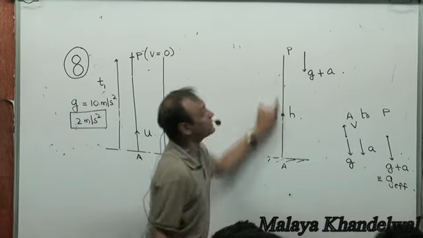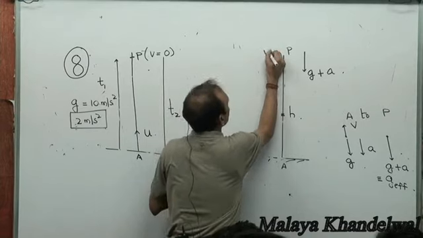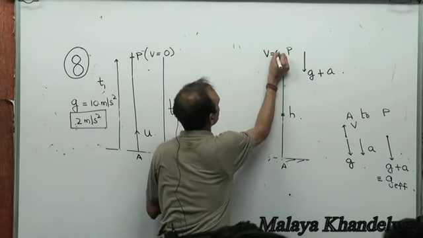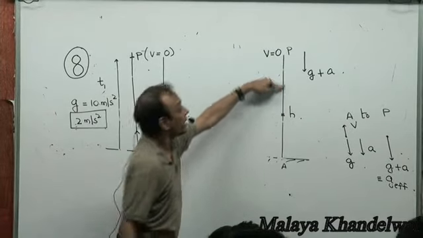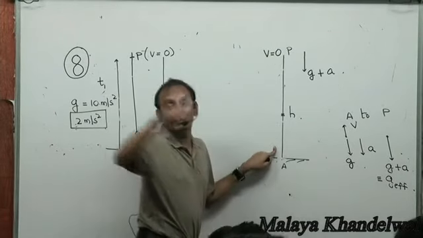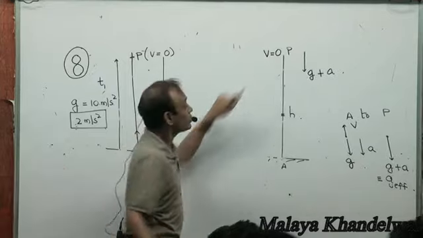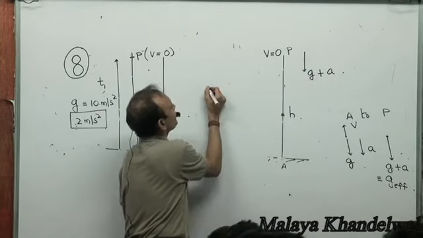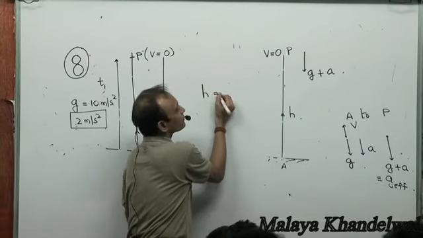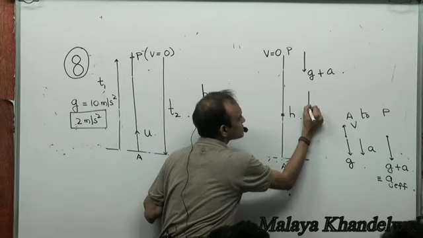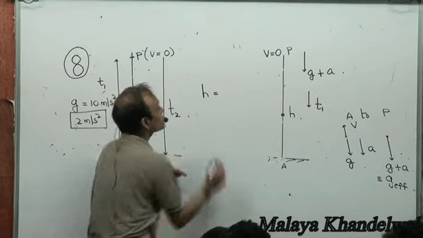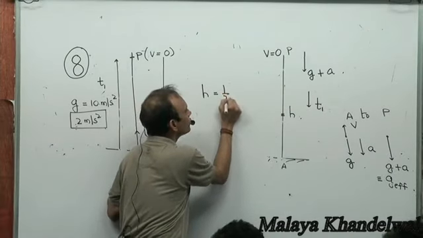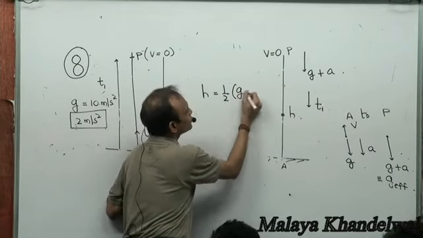Let me find out the time it takes to come down, because it's easier to do that computation because initial velocity at P is 0 when it's on its way down. And therefore, h is ut plus half at squared, u is 0. So h in its journey from P to A would have been, say it took t1 seconds to fall back to A. Right? So h must be half of g plus A into t1 squared.